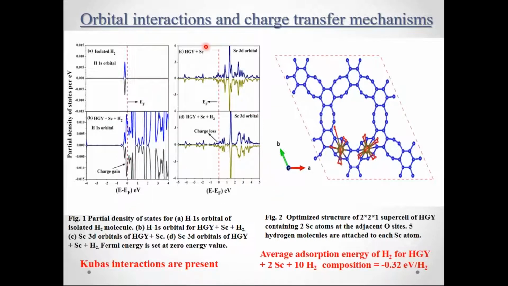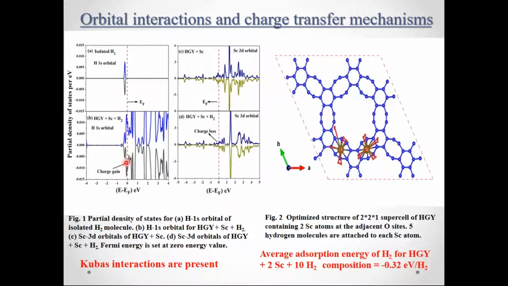To explain the orbital interaction and charge transfer mechanism when hydrogen molecules are attached to the metal decorated holey graphene structure, I have plotted the partial density of states of hydrogen 1s and scandium 3d orbitals before and after the attachment of the first hydrogen molecule.